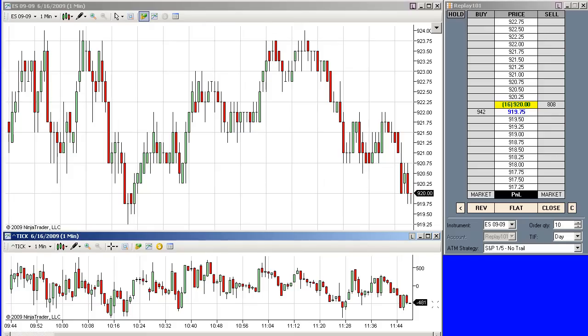So if you think about how many stocks are on the New York Stock Exchange, I'll use 3,000 as an example. If you get 1,500 stocks currently trading up and 1,500 stocks currently trading down, you're going to get a tick reading of 0 because 1,500 minus 1,500 is 0.